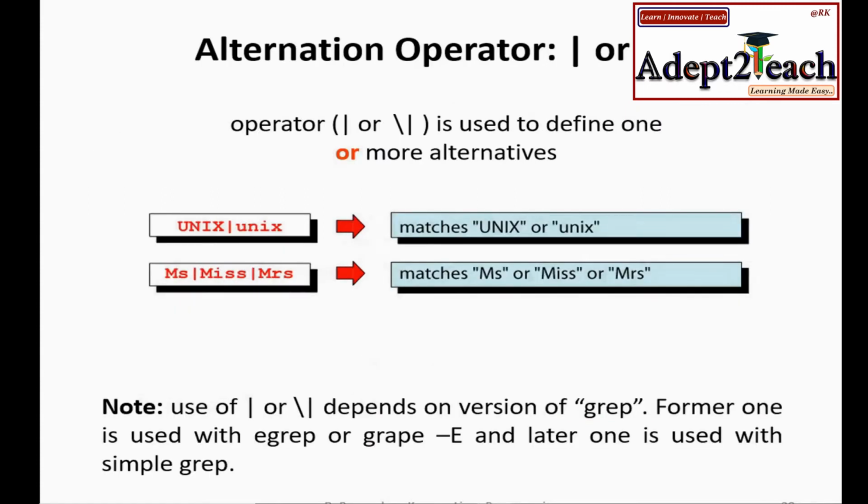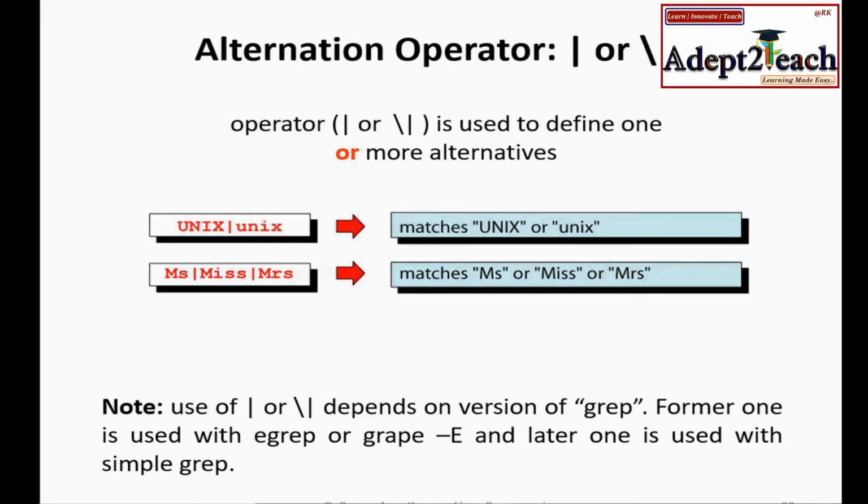Next is your alternation operator, or operator. So if you are searching for this or this, capitals or small, Miss or Mrs. or Mr. So you are looking for multiple matches, either this or this or this. So in that case, you can use alternation operator.